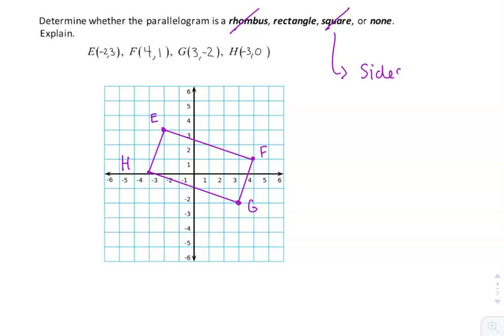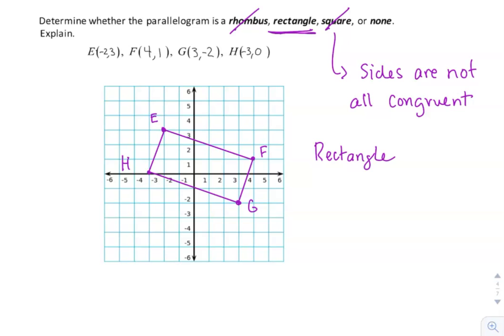I can just say the sides are not all congruent. I mean, you could use the distance formula. If I asked you to use distance formula to prove it, you guys could go through that process, but just glancing at this it's pretty clear that those are not congruent. So it looks like a rectangle, right? But what makes this a rectangle versus just any parallelogram? 90-degree angles. Okay, so I'm going to write down rectangle. But we need to prove somehow that we have 90-degree angles.